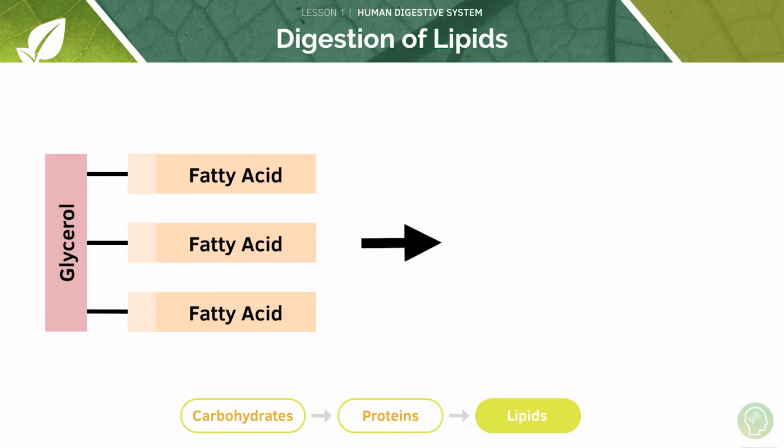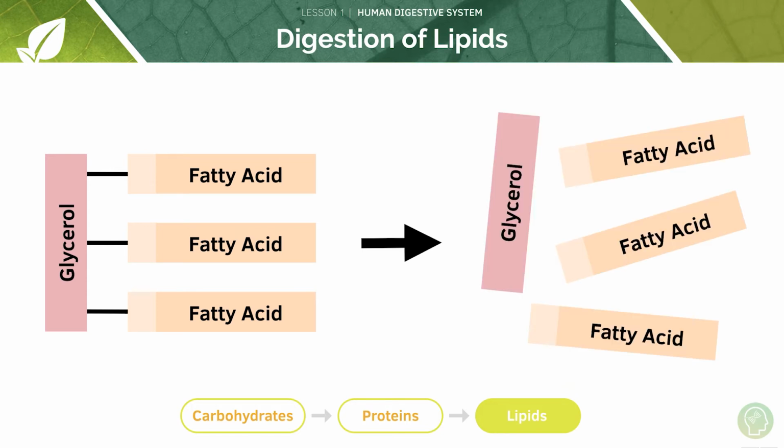And finally, let's look into the digestion of lipids. Well, lipids are formed from one glycerol molecule and 3 fatty acids, and they are broken down by lipases. So again, note the common theme.